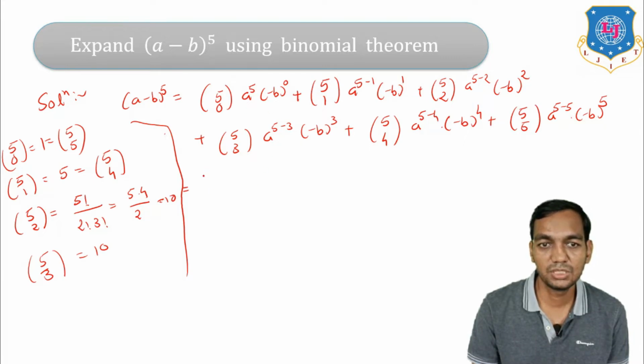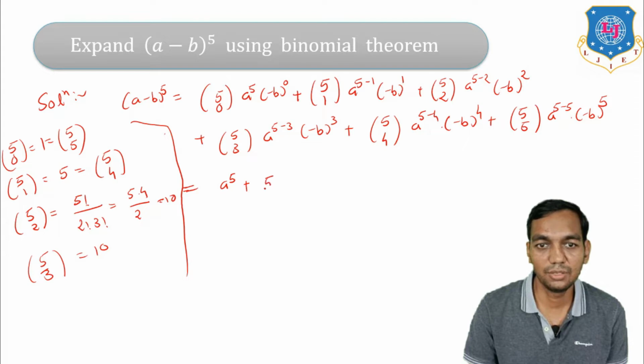So here we are going to substitute all values. Then this will give you, 5C0 has a value 1, so a raised to 5, and (minus b) raised to 0 is 1. So this is a raised to 5, plus 5C1 has a value 5, a raised to 4 into minus b. So here instead of plus, now you have a minus.